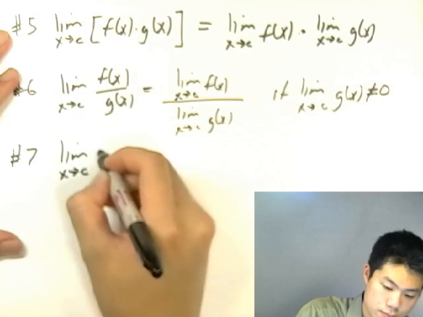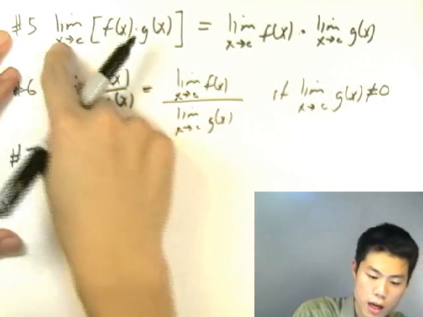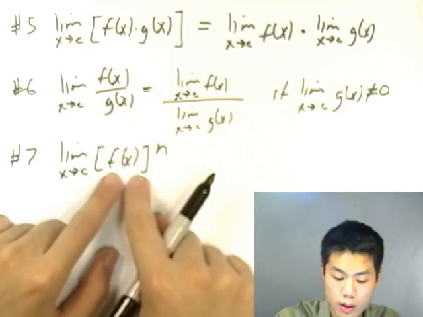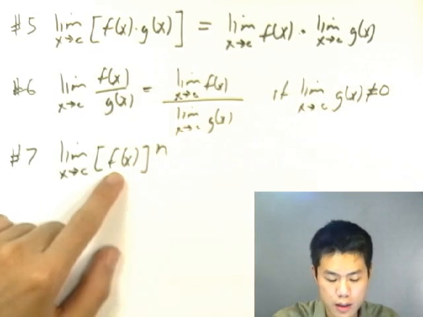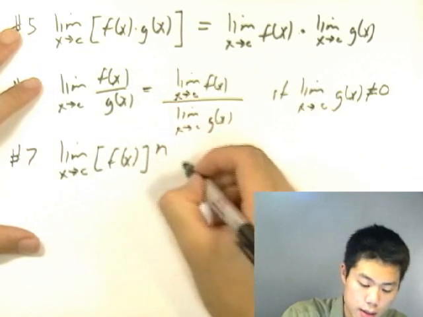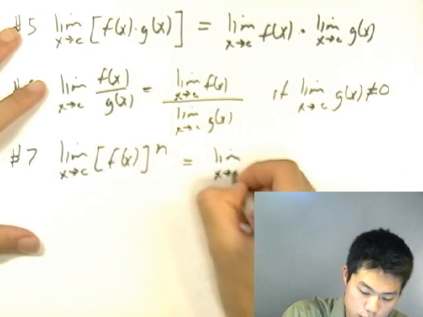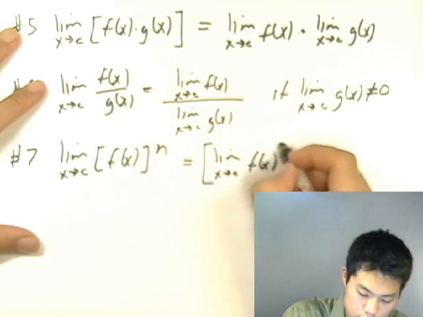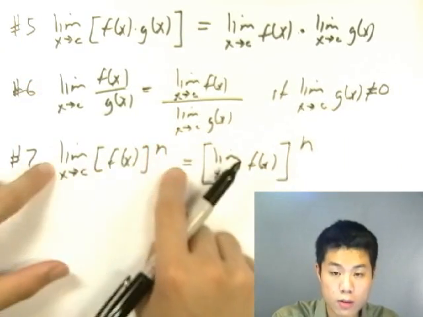Property number 7 follows directly from property number 5. If we raise f of x to a power, such that we have f of x times f of x times f of x n number of times, and take the limit of that entire thing, it is equal to the limit of f of x as x approaches c, entire thing raised to the n power.